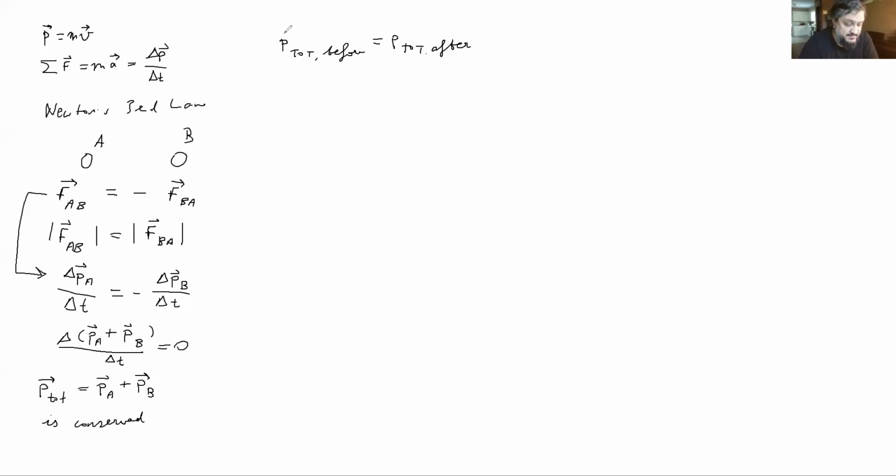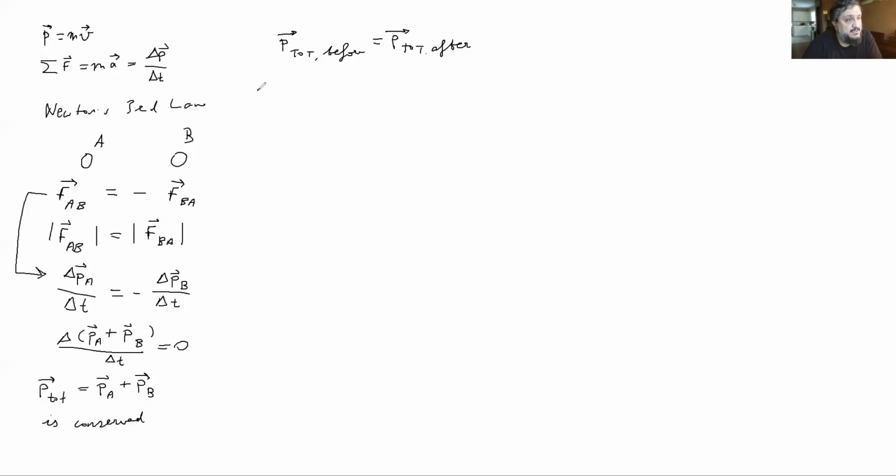The thing you should always remember is, though, this is a vector quantity, a vector equation. So it has to be satisfied with all components in all directions. Okay, so imagine two billiard balls colliding, okay? And assume that they don't have the same mass.